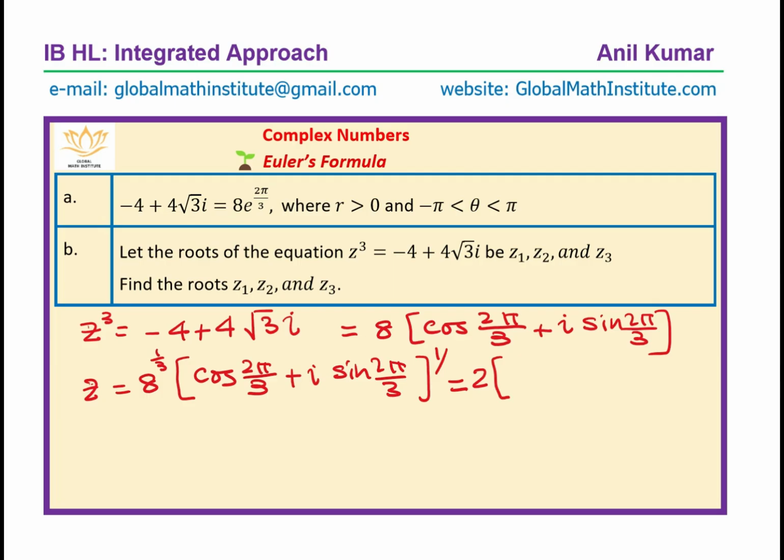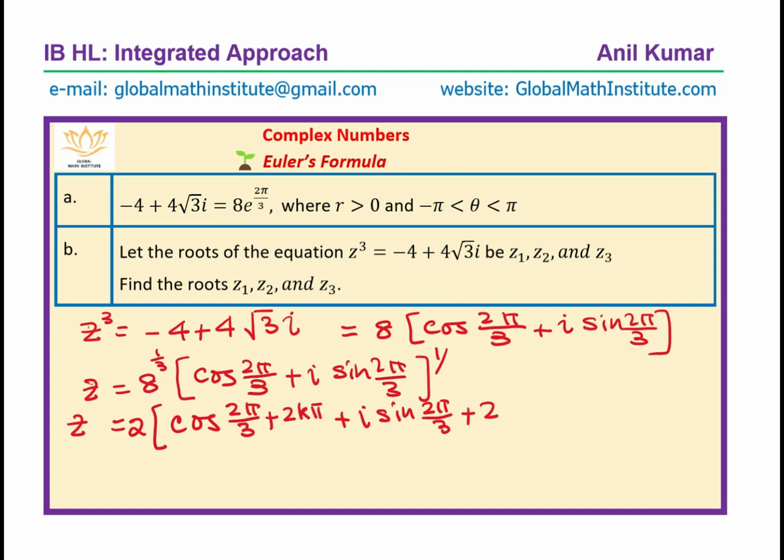So z = 2 (cos of (2π/3 + 2kπ) plus i sine of (2π/3 + 2kπ)) to the power of 1/3, where k has integer values.